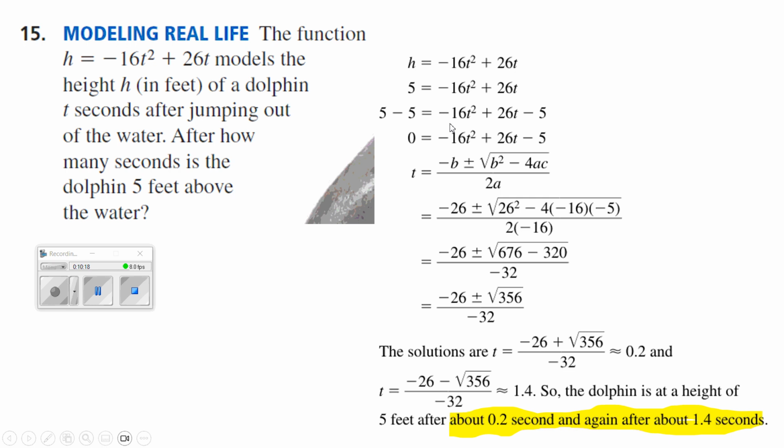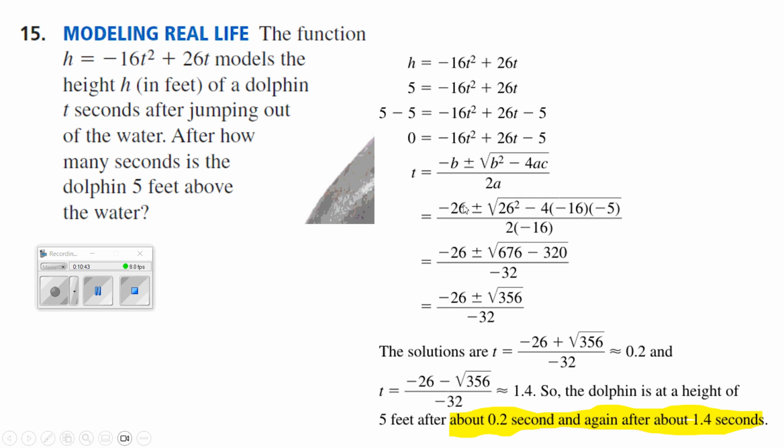That's going to give us negative 16t squared plus 26t minus 5. Now remember, this is still going to be a, b, and c. So my b is going to be 26, my a is going to be negative 16, and my negative 5 is going to be my c.